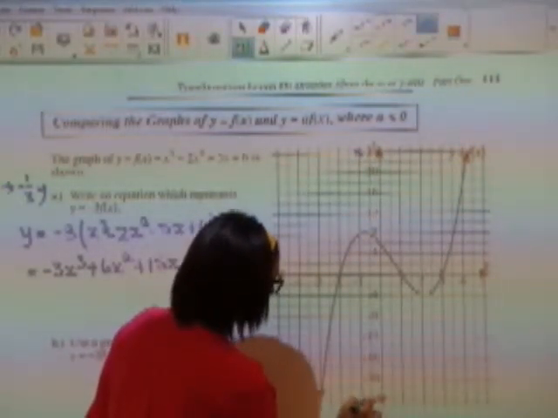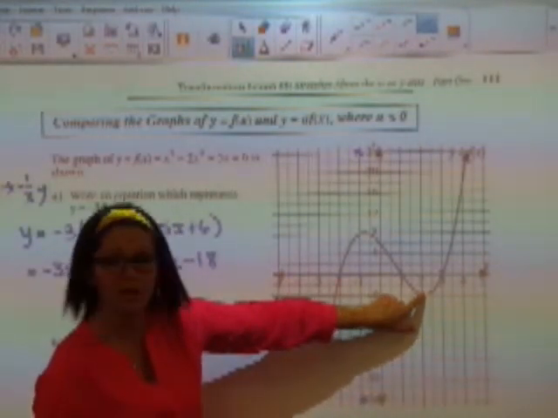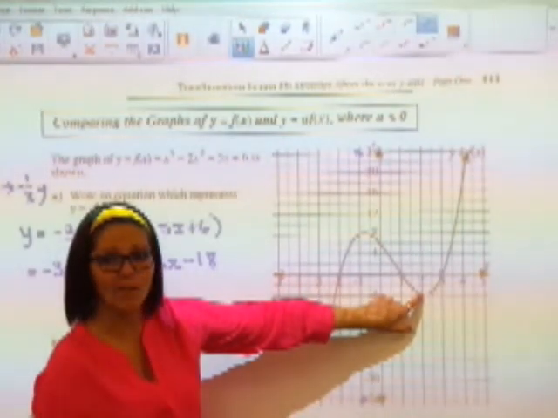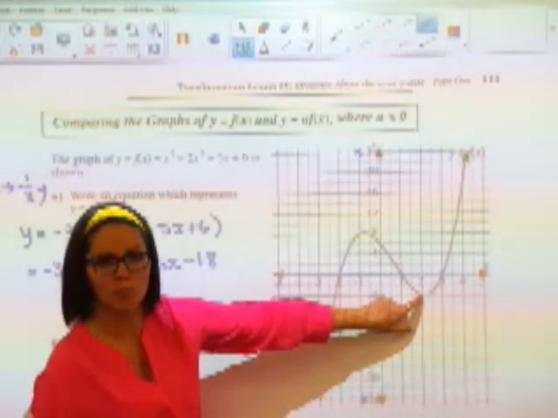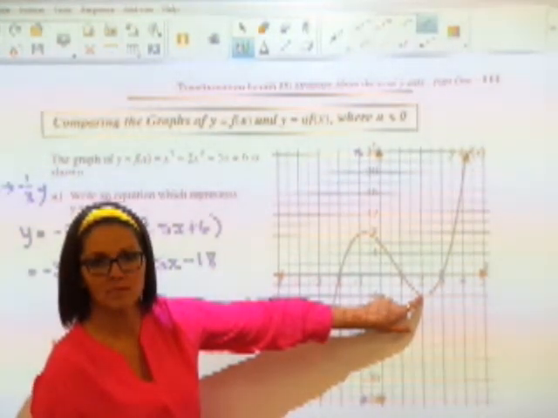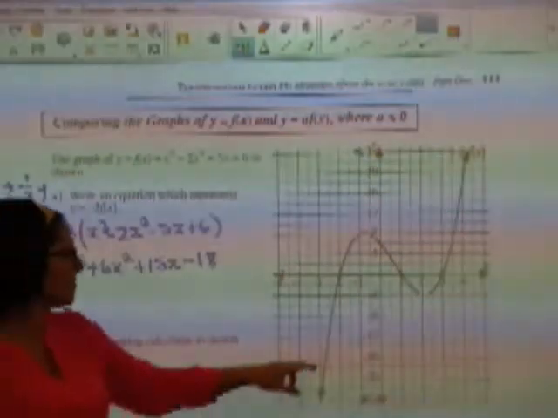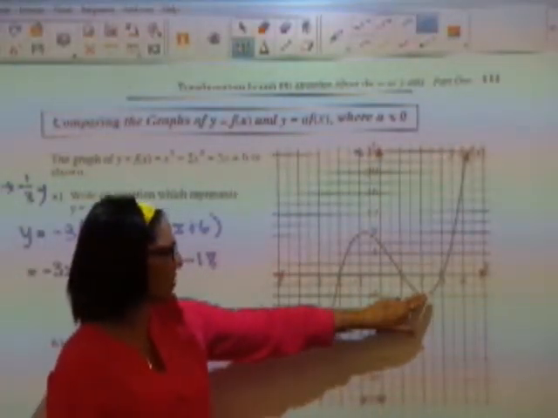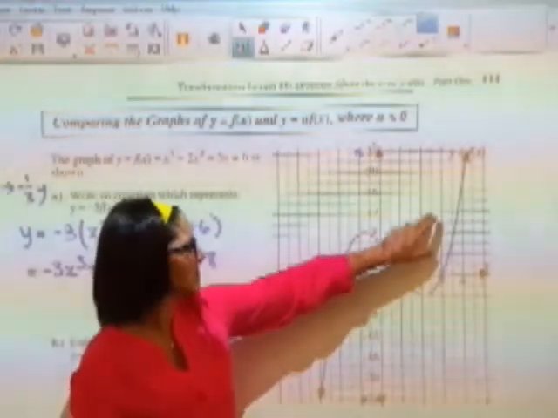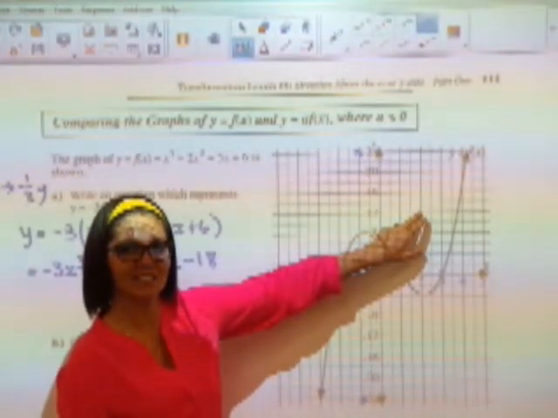So then if I look at this part of the graph right here, it was at negative 4, and where did it seem to move to? Positive 8. Did it go to positive 8 or positive 12? Probably positive 12. Why 12 and not 8? 4 times 3.